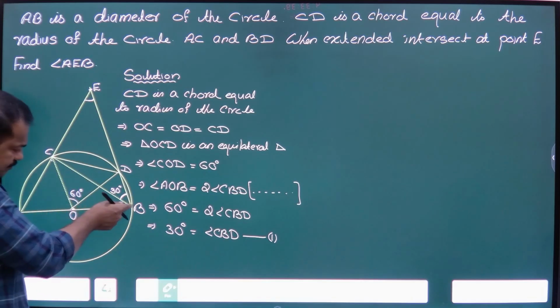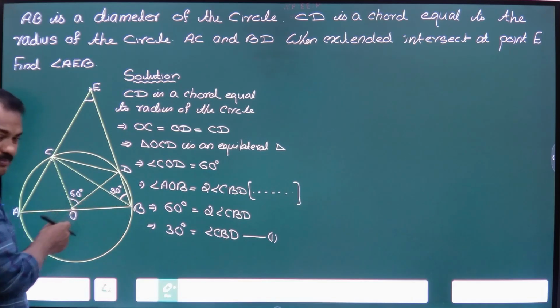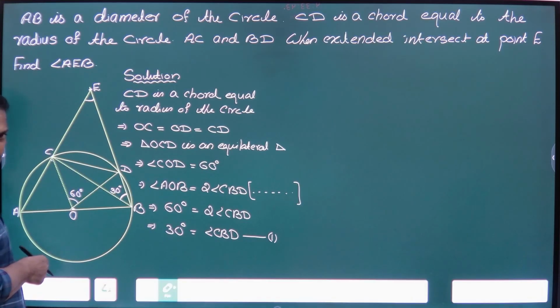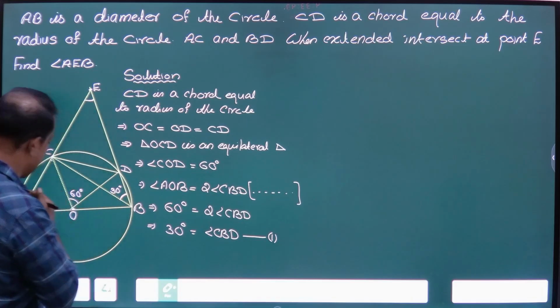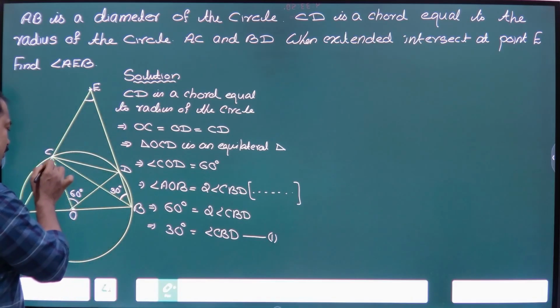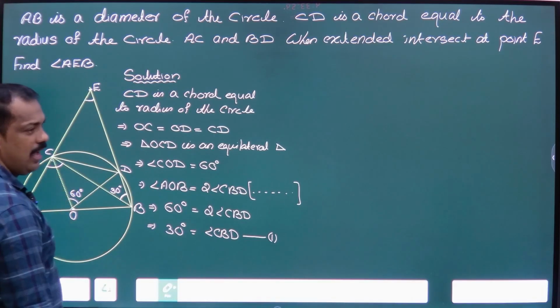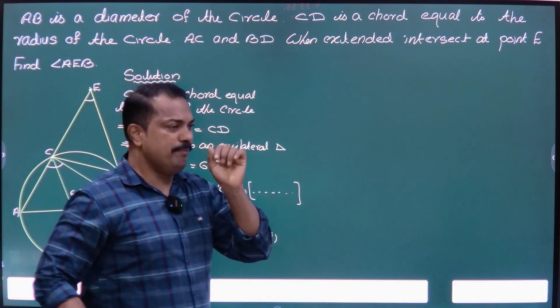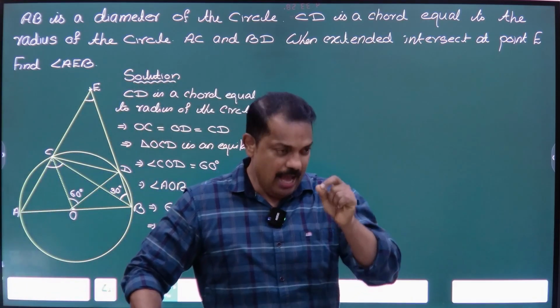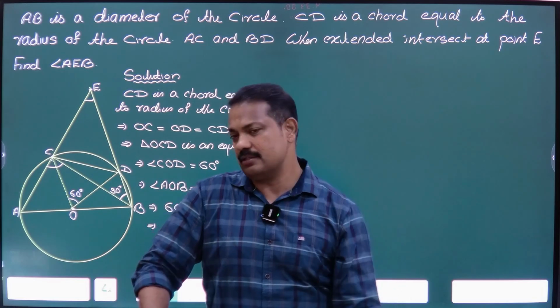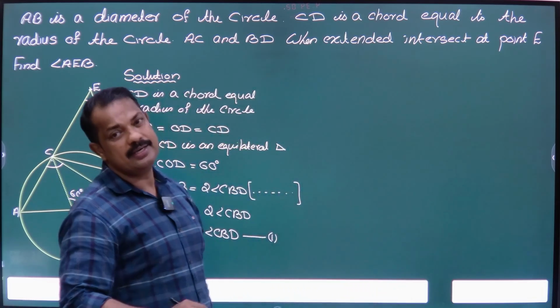और देखो ध्यान से. What is AB? Diameter. AB is the diameter. अगर ये diameter है, what is this angle? 90 degree. Reason? Angle subtended by the diameter at any point on the circle is 90 degree.